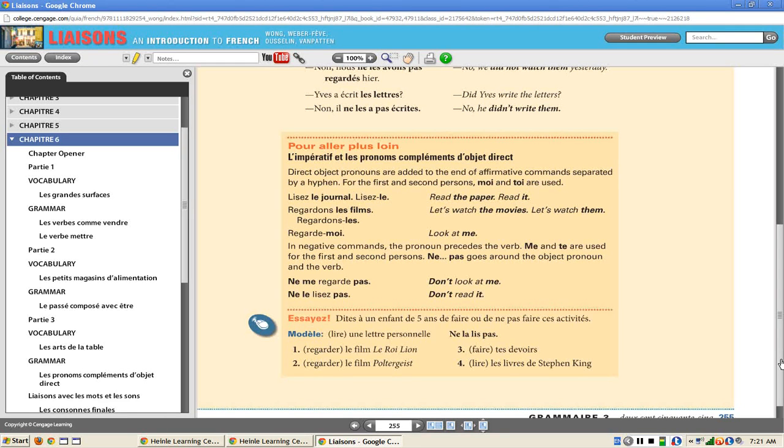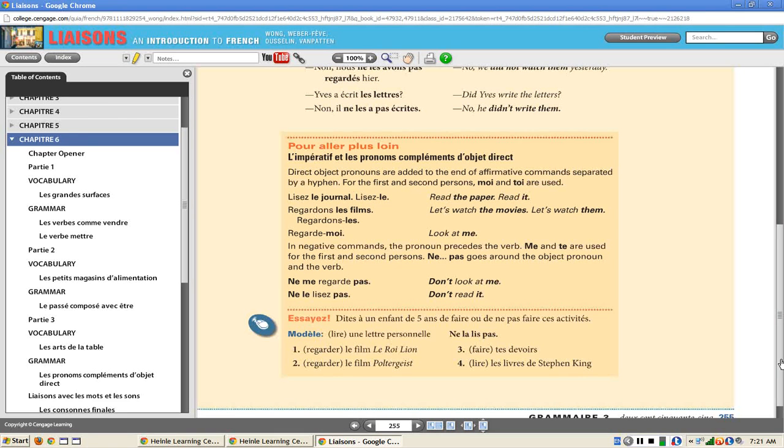And this only happens, though, in the affirmative, that you have these slight changes of rules. Once you go back to the negative, it's as if it goes back to being normal again. The sentence is the same as a normal declarative sentence, with the exception that you don't have the subject pronoun there.